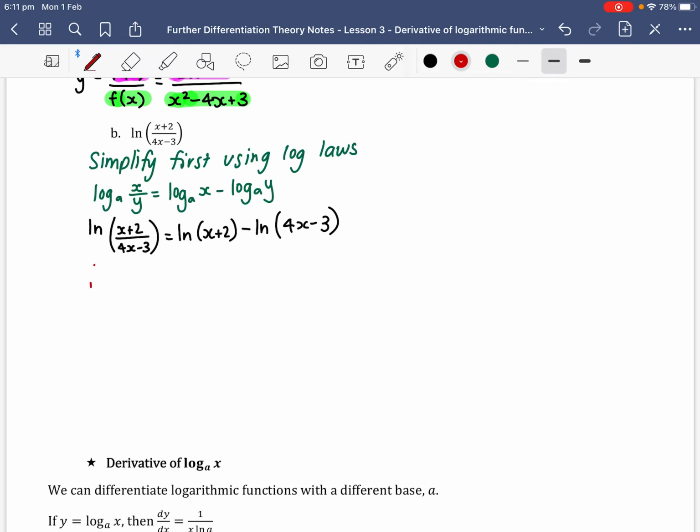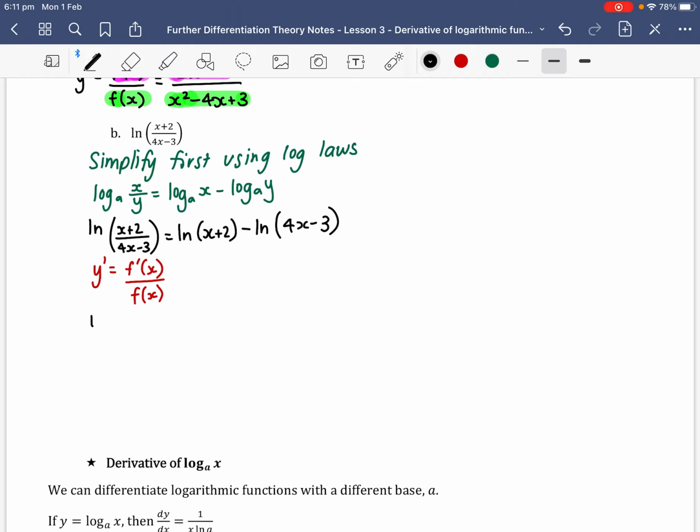So when we differentiate our logs, because we have functions here, we're going to have f dash x divided by f x. But we have functions at each term.